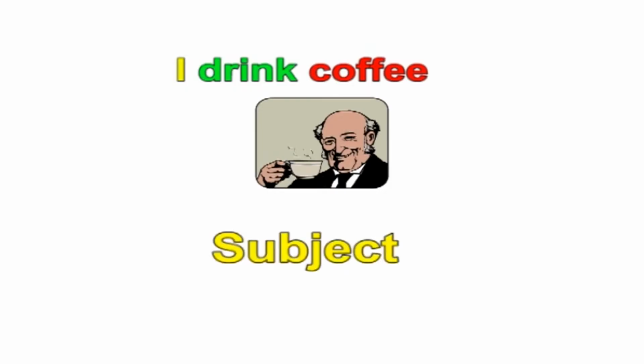Here the subject is I, the verb is drink and it expresses a complete thought. A simple way to identify a simple sentence is that it mentions one action. These are other examples of a simple sentence. In these simple sentences, subjects are in yellow and verbs are in green. Keep the pattern in mind.